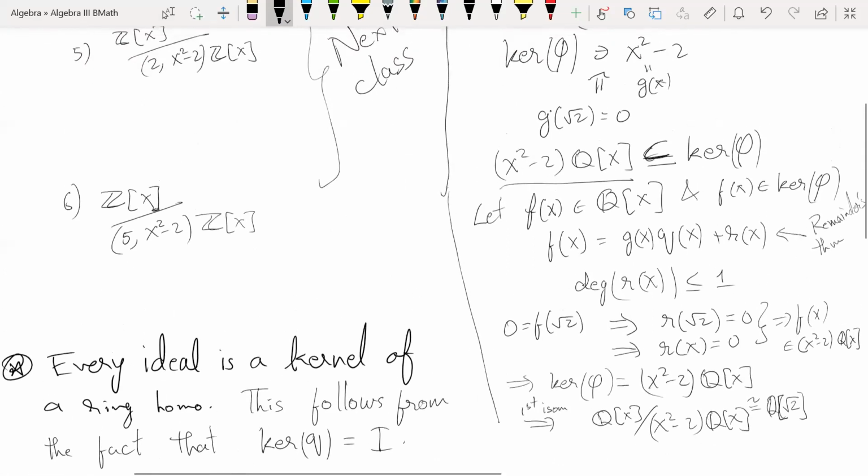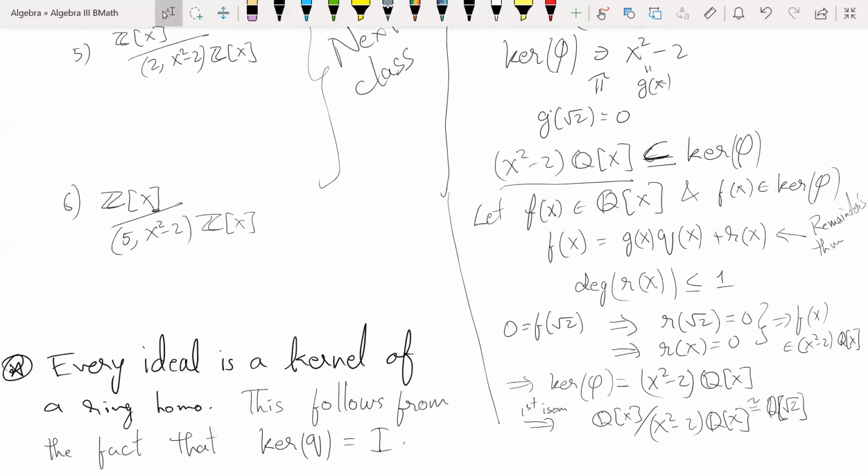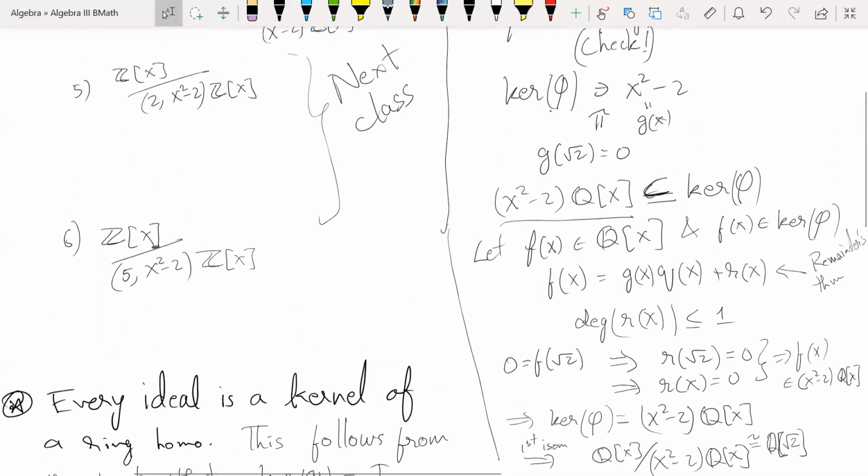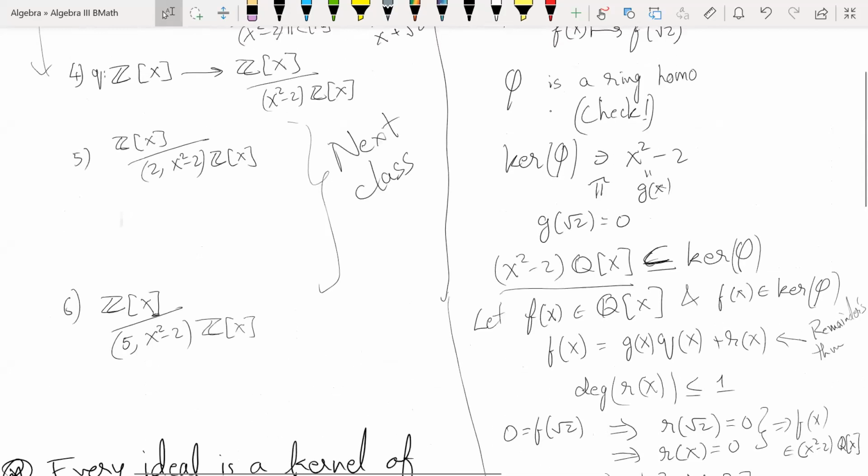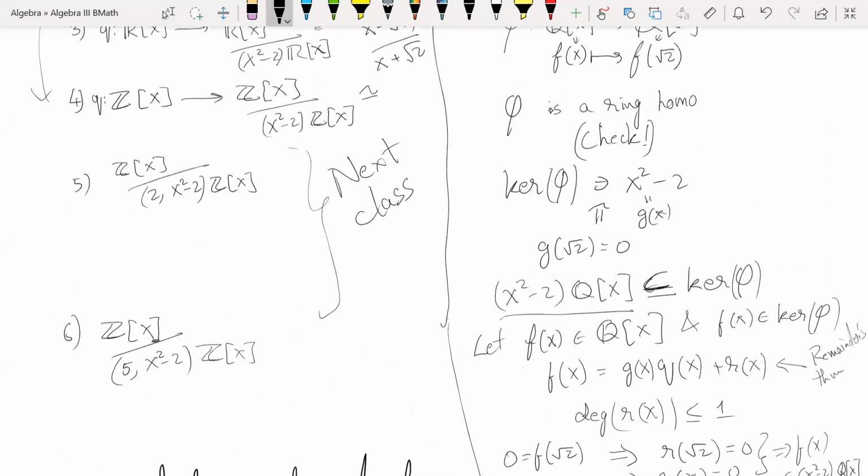I don't know how much I'll do about this thing. Of course by the same principle, this is the same as Q adjoin square root 2. So you try to give a map to R, or complex numbers.